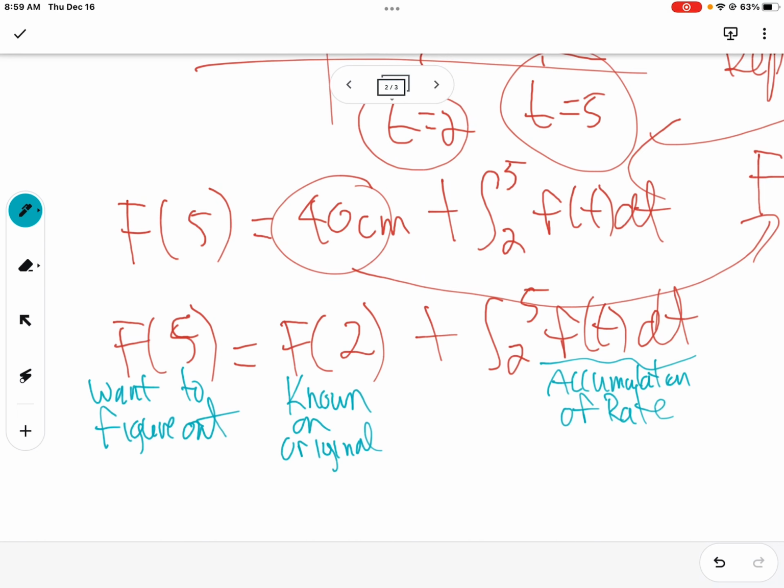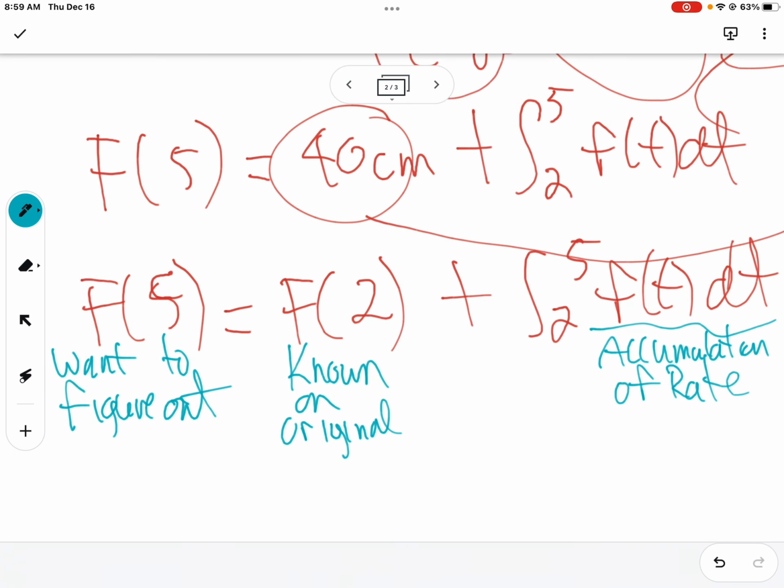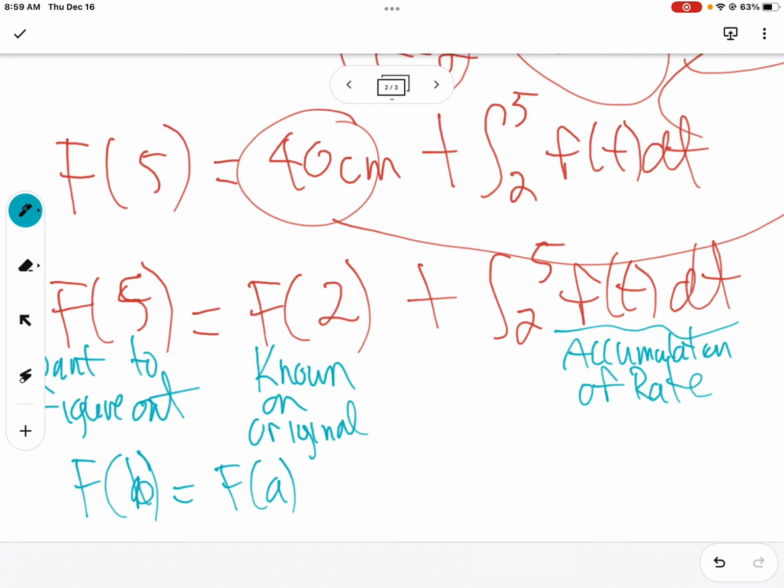So we can generalize this. We can say that F at b equals F at some value a. Oh, because notice, 5, 2, 5, 2. So if this is b and this is a, our integral will be plus the accumulation from, so right here, that's 2 and that's 2.